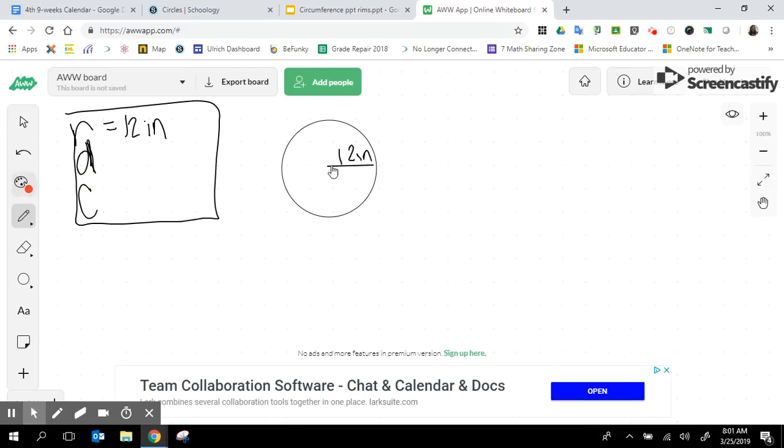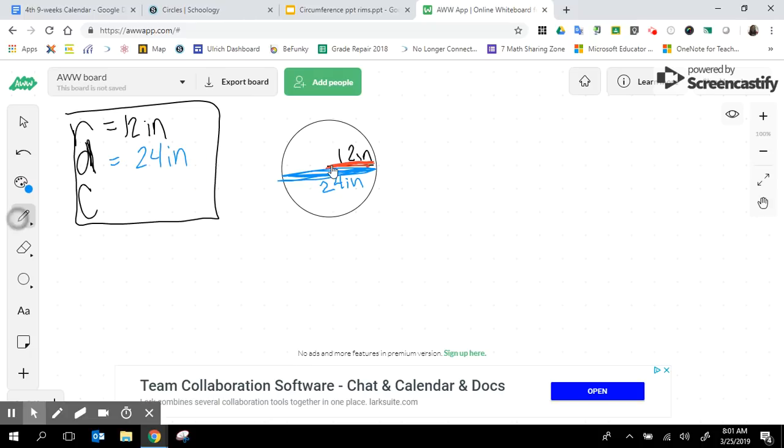Change it to red. So we've got our radius, which is 12 inches. Then when we're looking for the diameter, remember diameter was all the way across. So if this part over here is 12 inches, this over here is another 12 inches, making the diameter 24 inches.